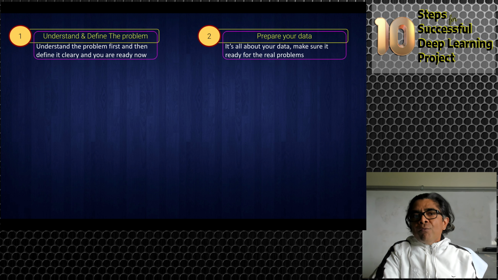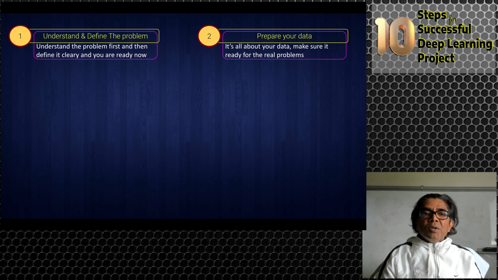However, it is very important for you to make sure that your data is project ready. It can be applied to the deep learning problem which you are going to solve in your project. The data must be clean, must be validated depending on your problem, and it should be appropriate to solve that problem.